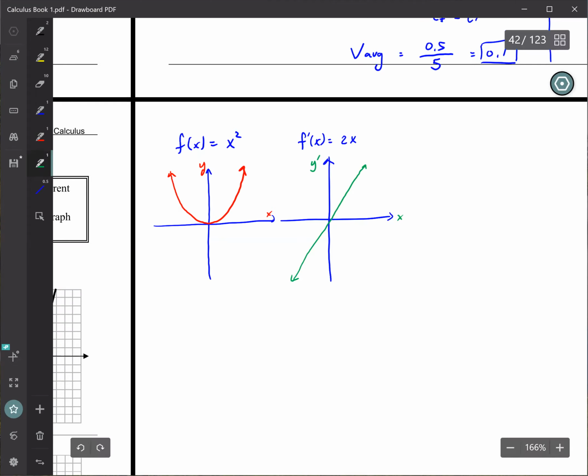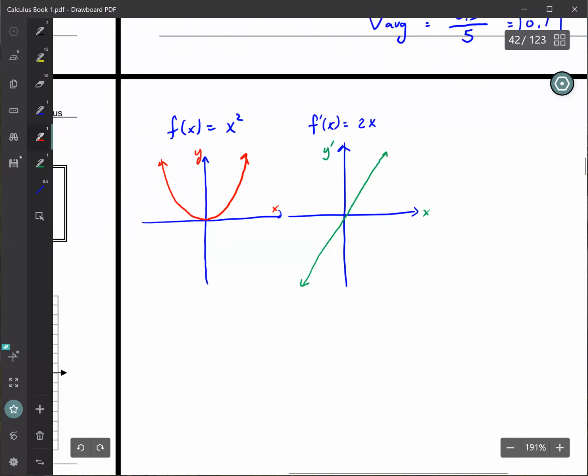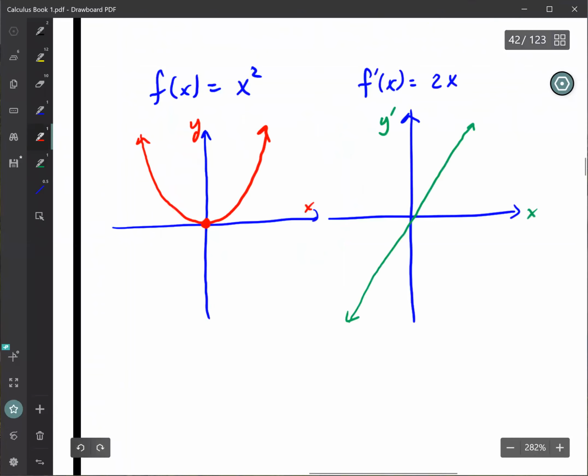For example, if I pick a point at the origin and place a tangent line there, it should be flat, because the tangent line touches the curve at one point. So the slope for that green line is 0, and that's why you have a point on the right side at 0.